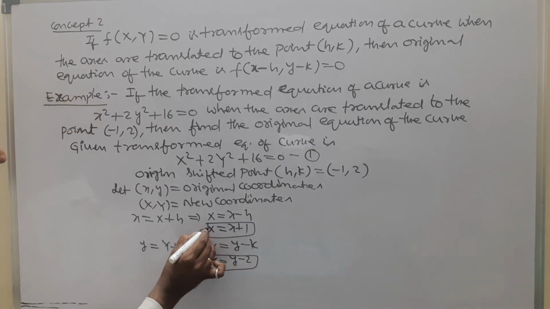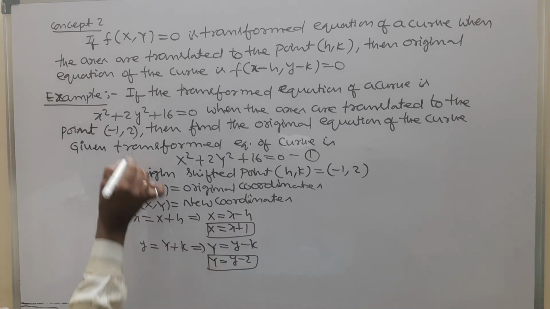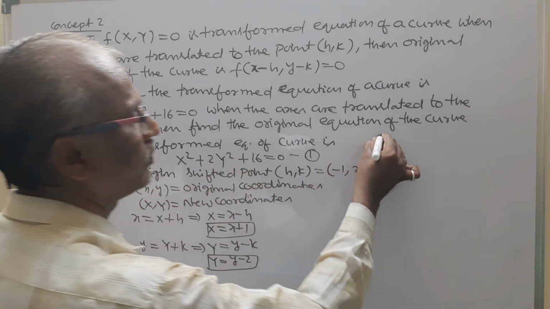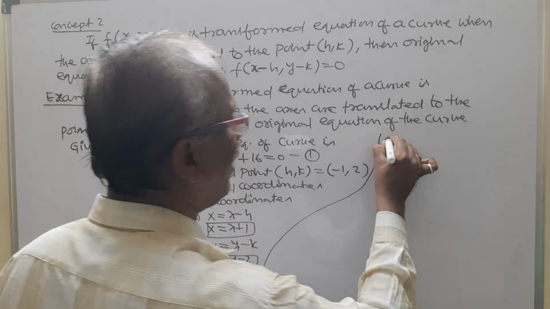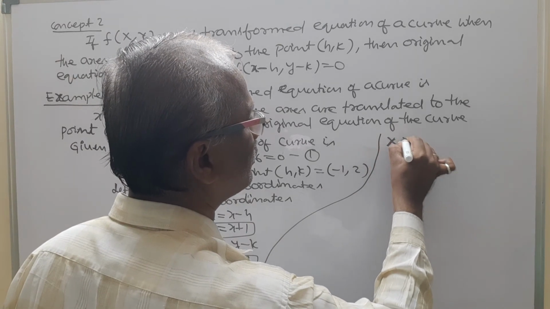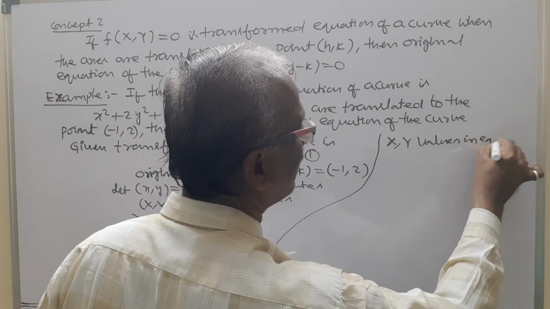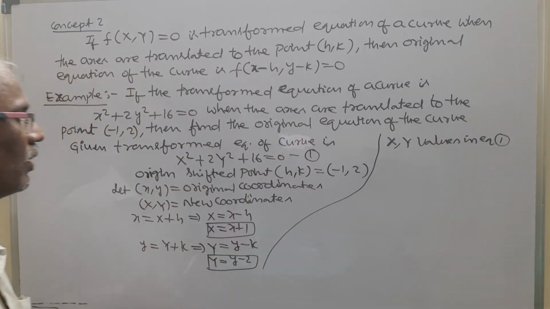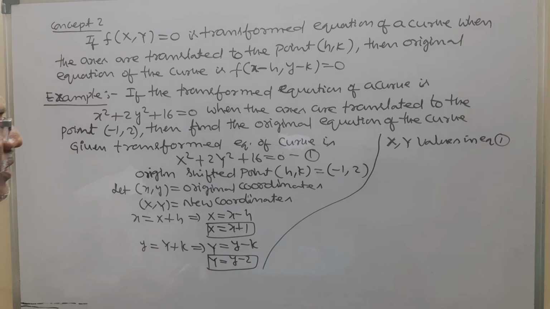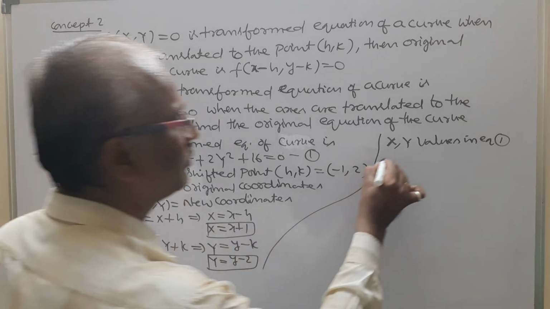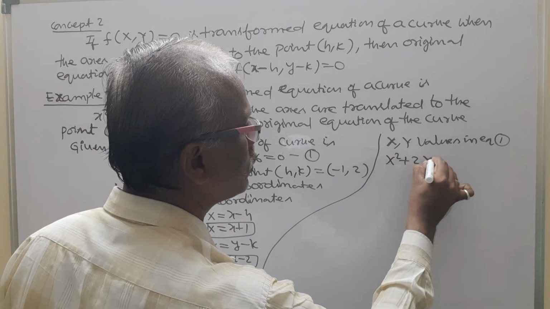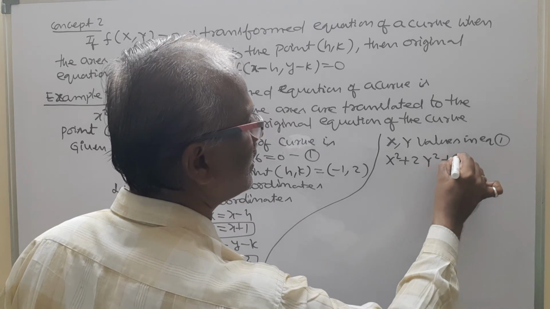Here substitute capital X, capital Y values in equation 1. Here equation 1 is x square plus 2y square plus 16 equal to 0.